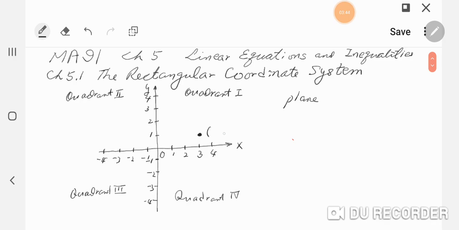The address of this point, we will use parentheses, and this one will have an x value, y value. Starting from the origin, the center is the origin.